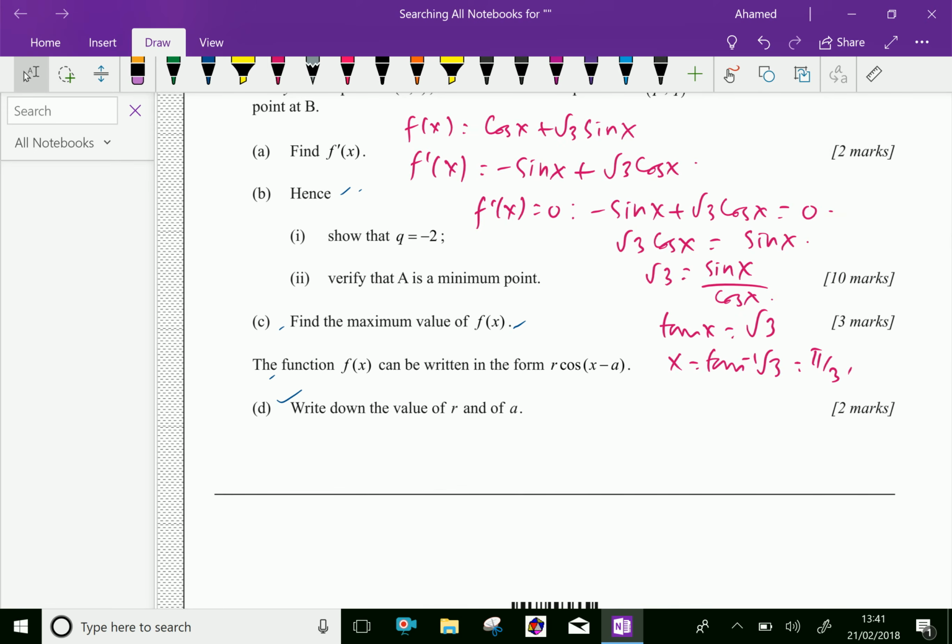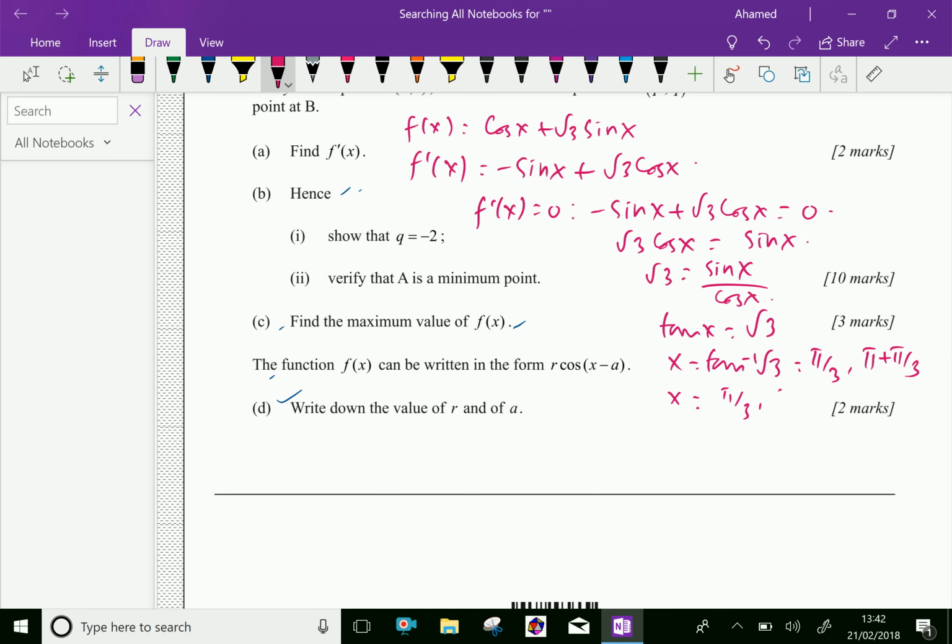pi plus pi by 3, because the domain is in between pi and 2 pi.